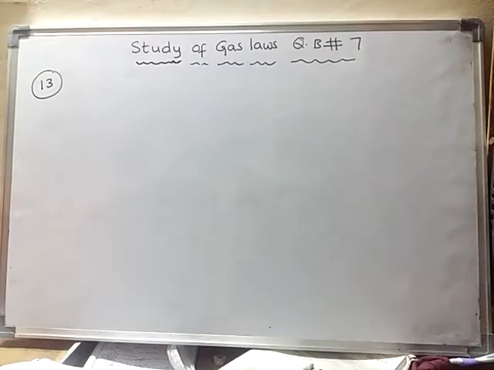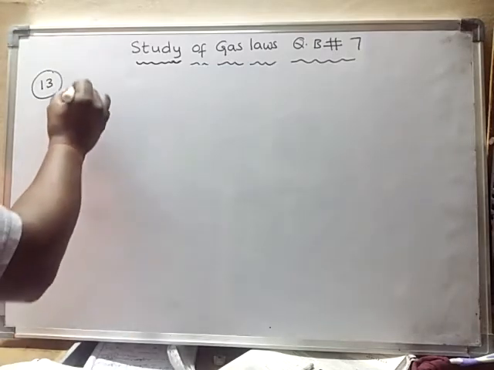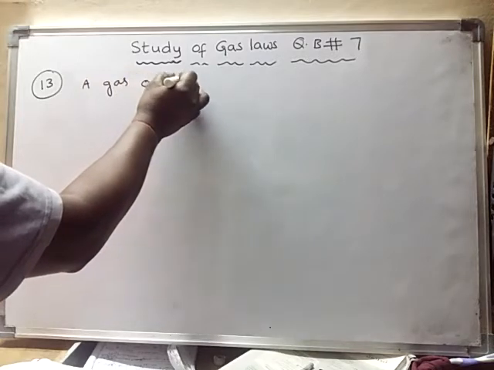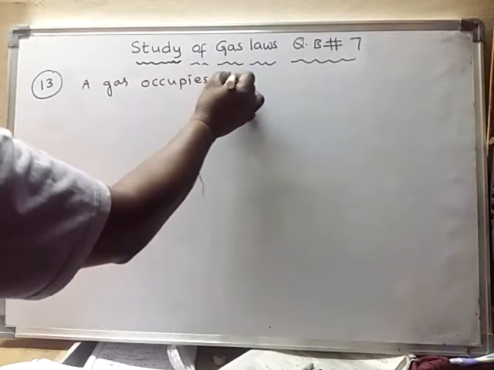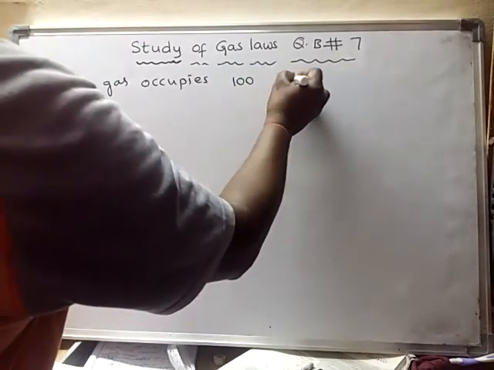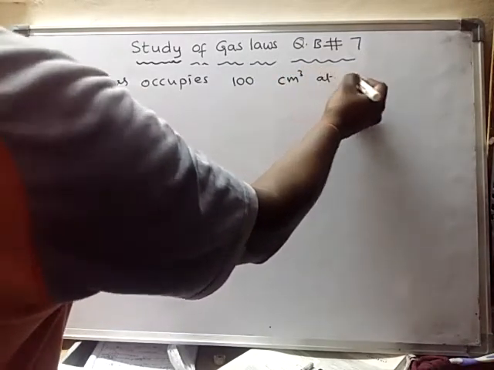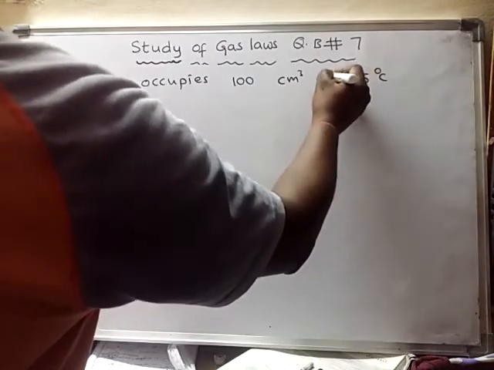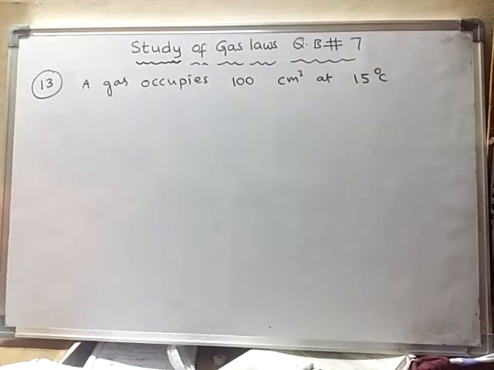Question number 13. A gas occupies 100 centimeter cube of volume at 15 degrees centigrade.